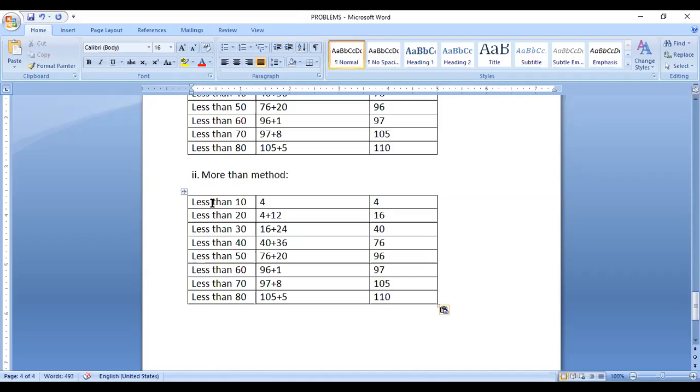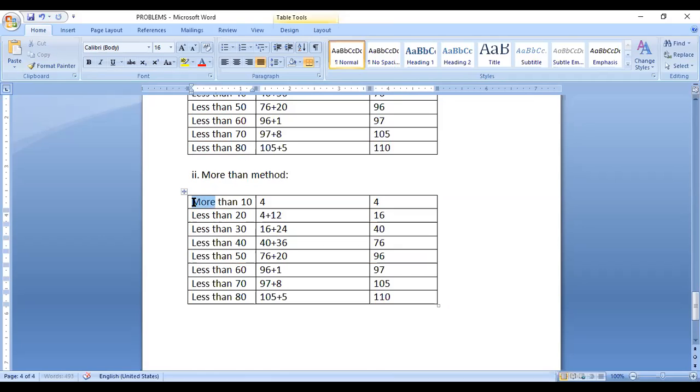So how we have to convert is more than 10, like this.